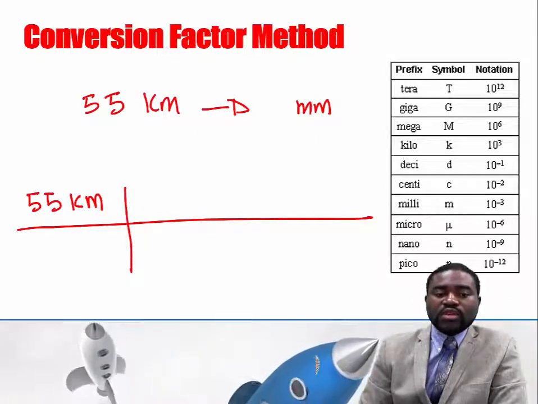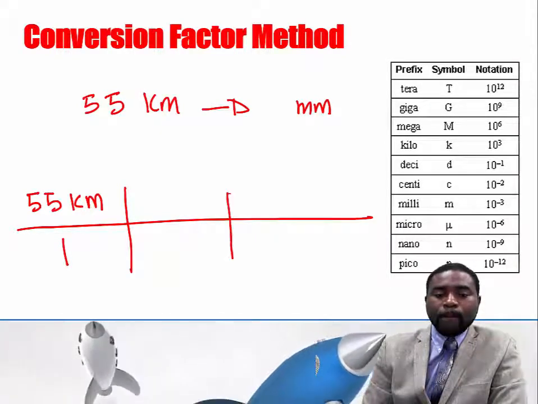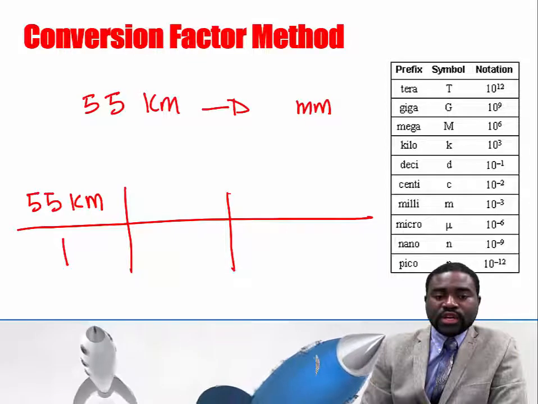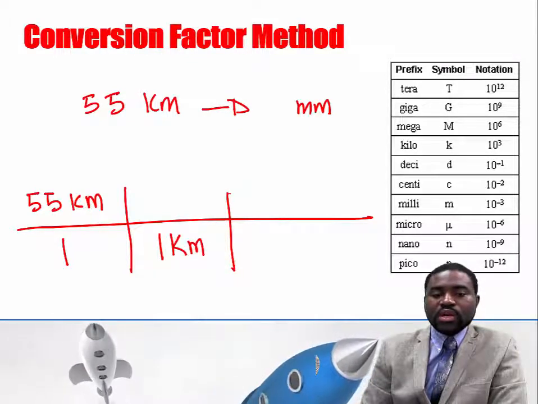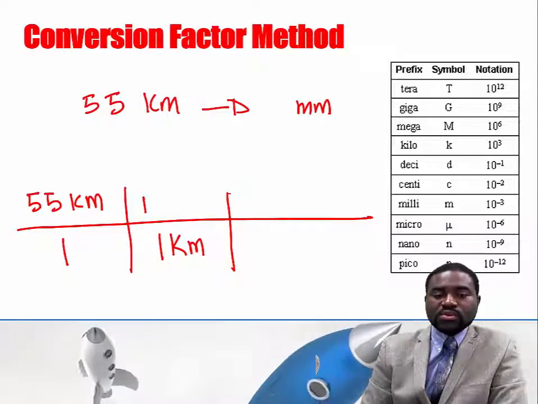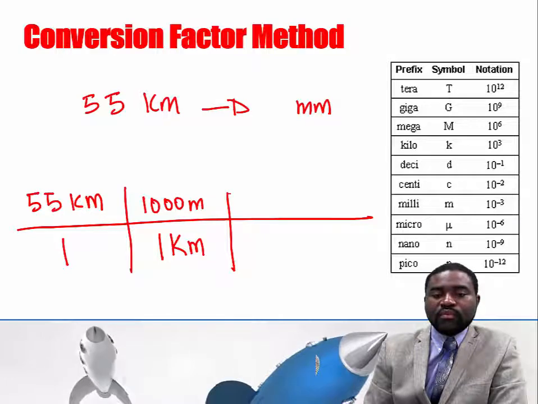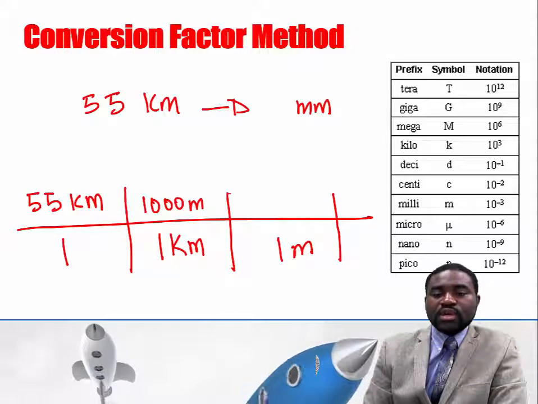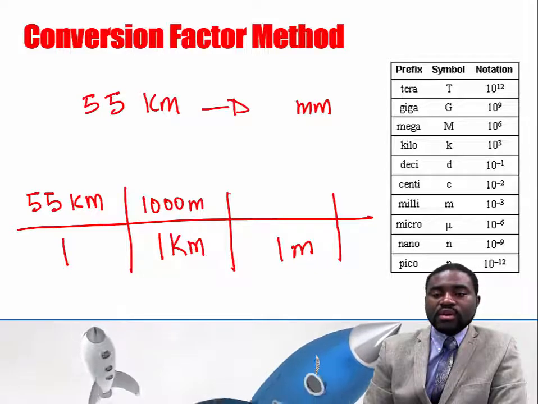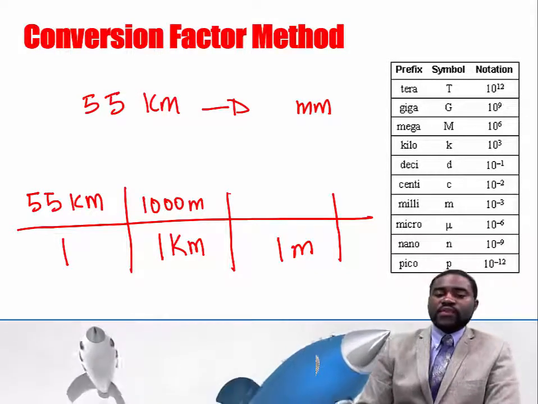Now, in the denominator, you put 1 kilometer. 1 kilometer is equivalent to 1,000 meters. Now, 1 meter, how many millimeters?